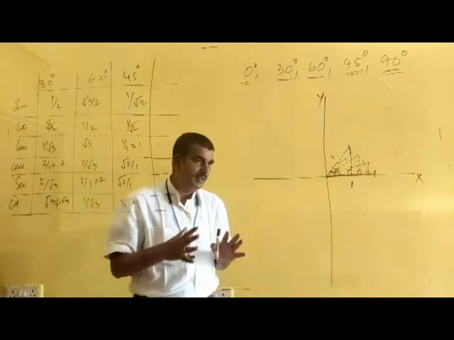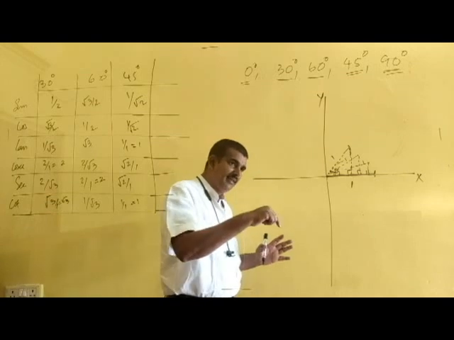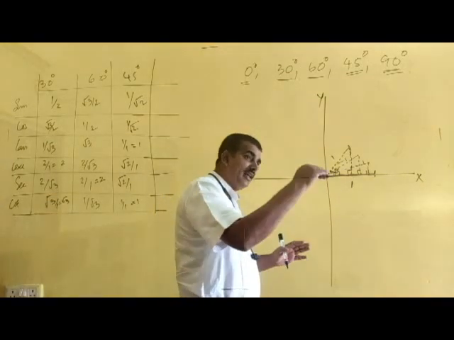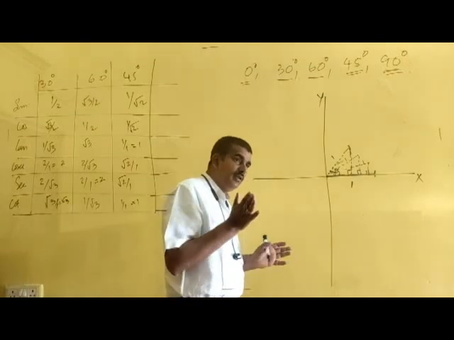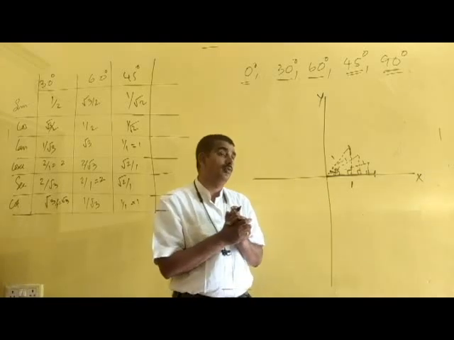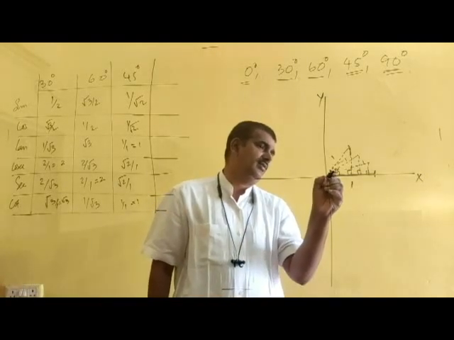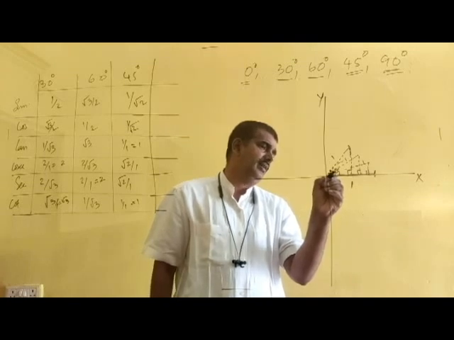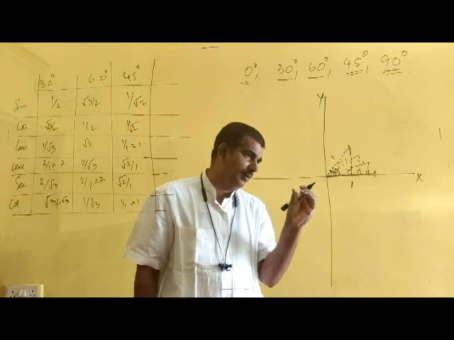Just you can see, if theta is decreasing, then the opposite side also decreases. If theta is increasing, then the opposite side also will increase. If this theta is very big, then this adjacent side is very small.